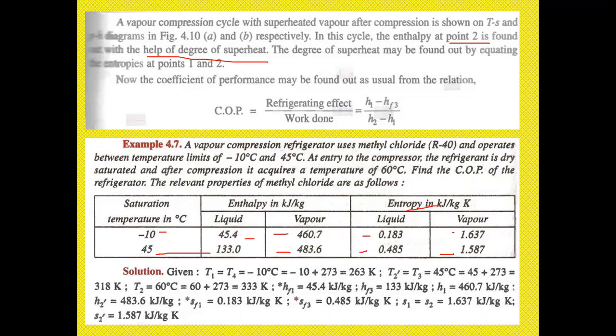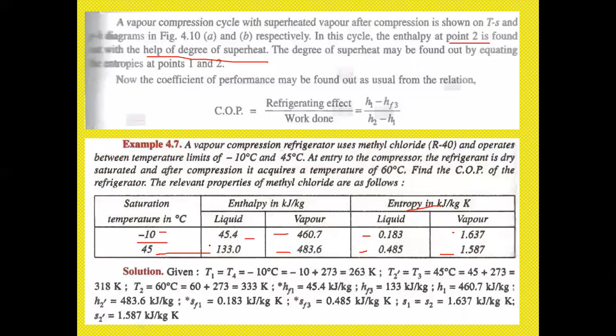So what is the given data here? T1 is equal to T4. As per the graph, T1 is equal to T4, that is minus 10 degrees, plus 273. T2 dash is equal to T3, that is 45 degrees, 45 plus 273, and T2 is equal to 60 degrees. HF1 is equal to 45.4, and HF3 is equal to 133 kilojoules per kg.